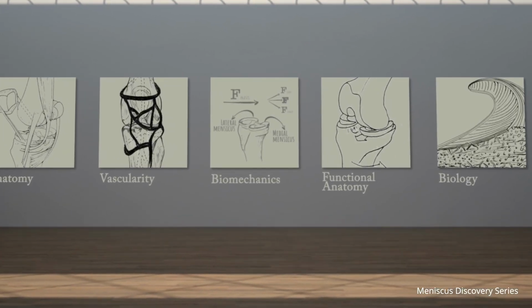So now we will talk with Scott Rodeo, we will talk with Steve Arnoczky, and also Gehrich will be back, and after that Peter Verdonk, to explain to us what happens dynamically and from a functional point of view inside the knee when we have a meniscus or when we lose our meniscus.